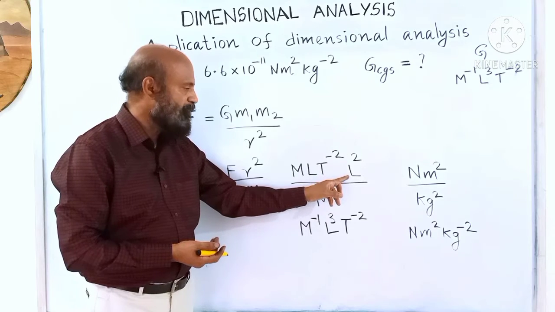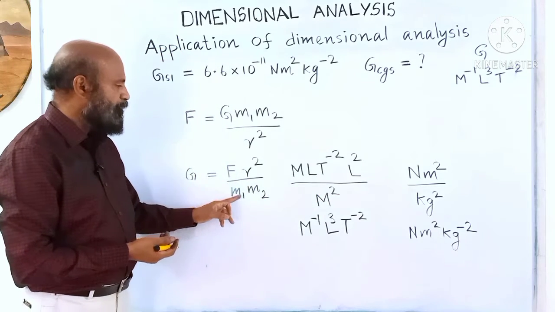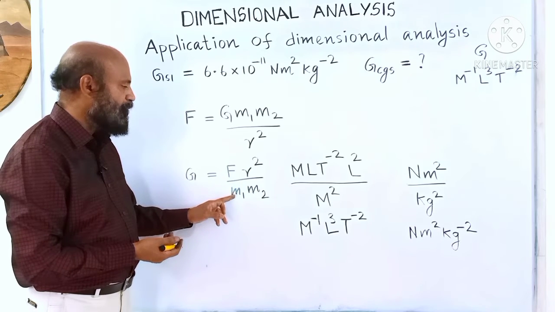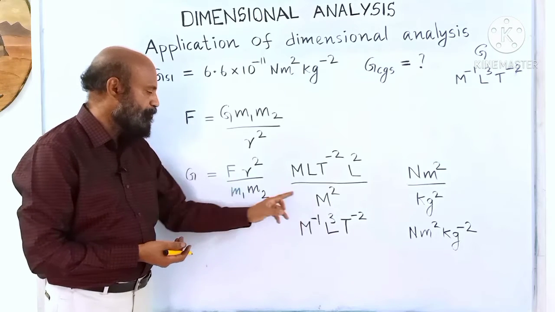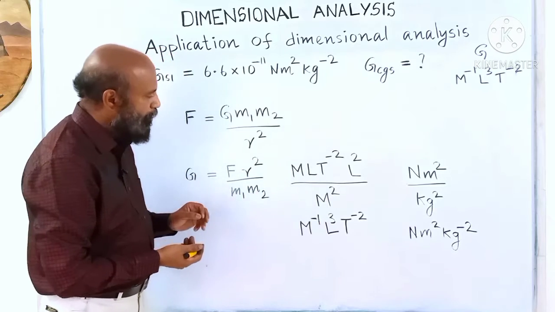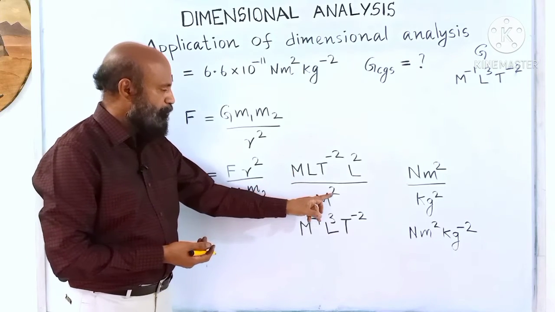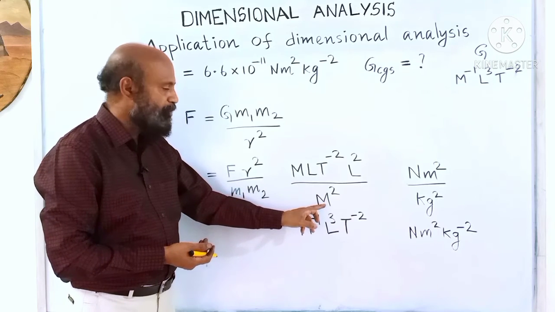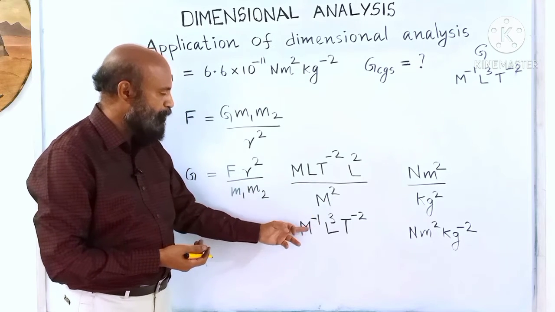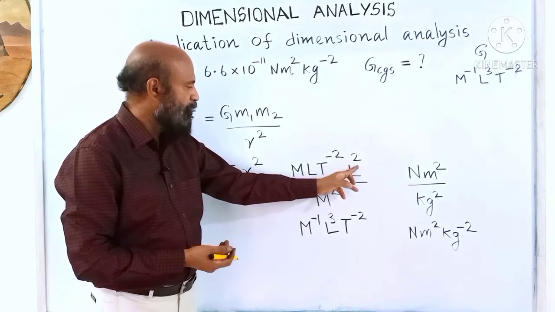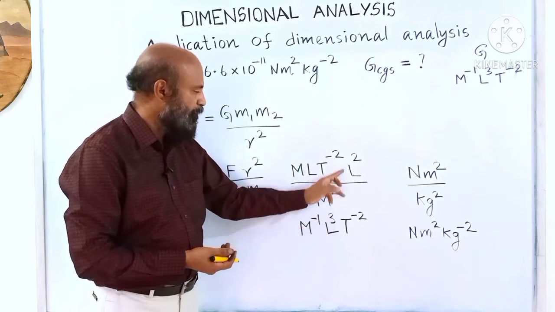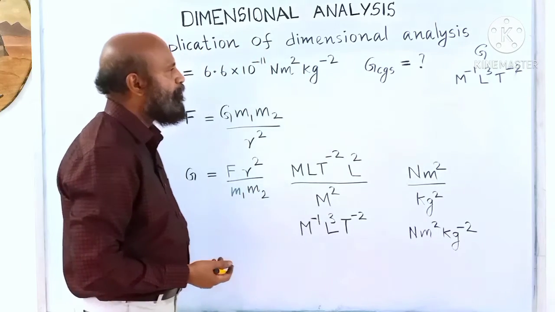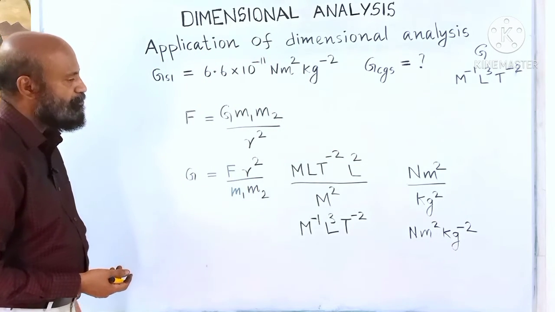Length dimension is L. Mass is measured in kilogram, but its dimension is M, capital M. So M square. One M will get cancelled. So in the denominator there will be an M, so it will be M raised to -1. L square and L cube, then T raised to -2. So this is the dimension of the gravitational constant.